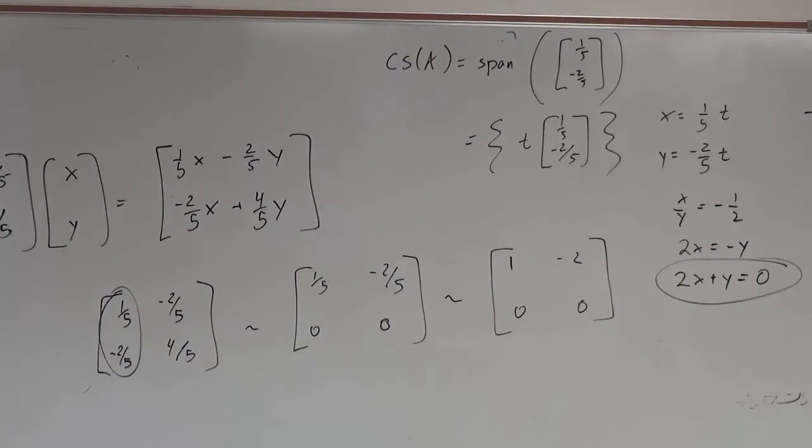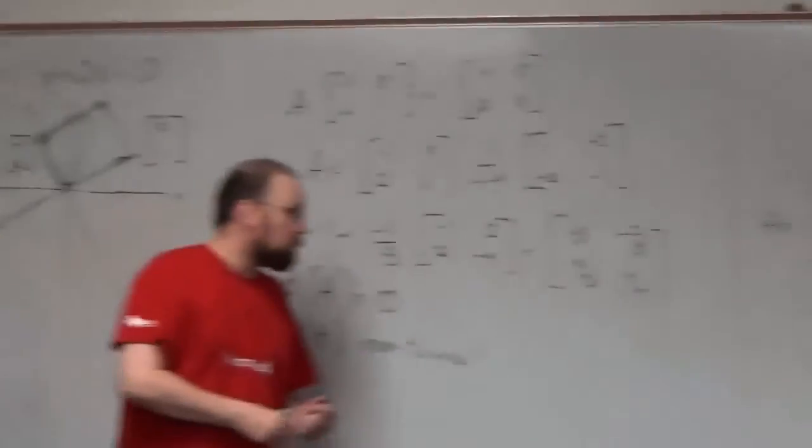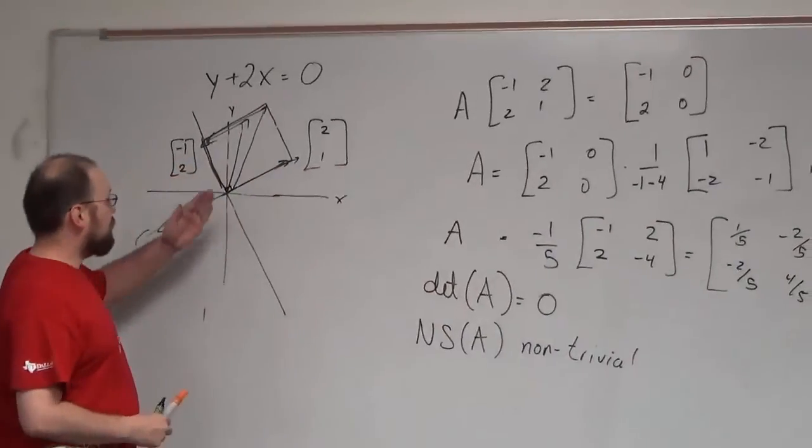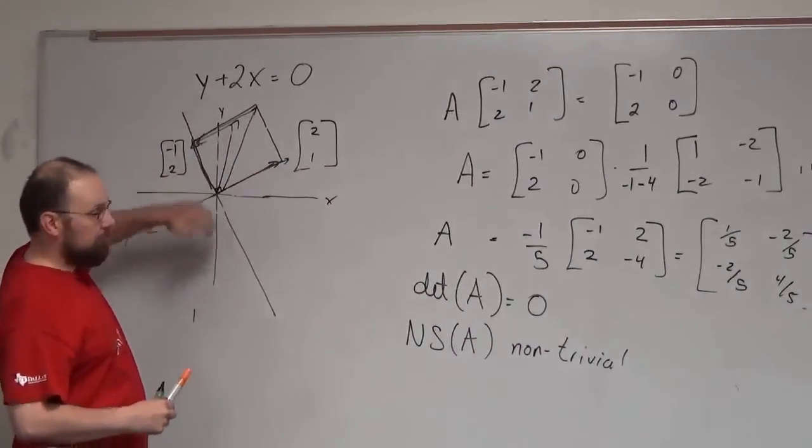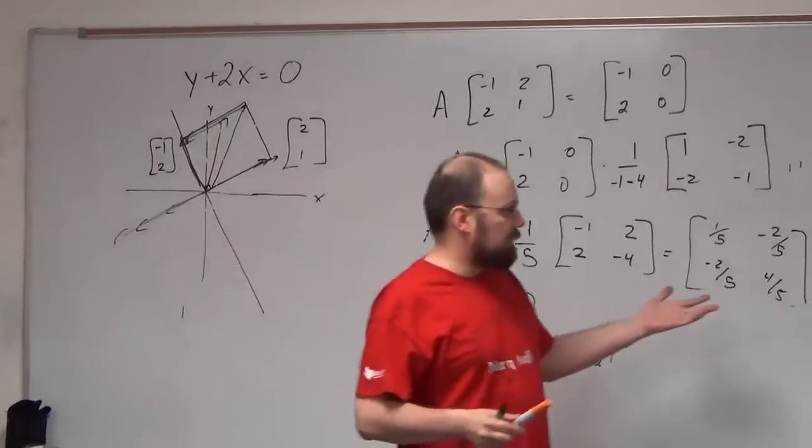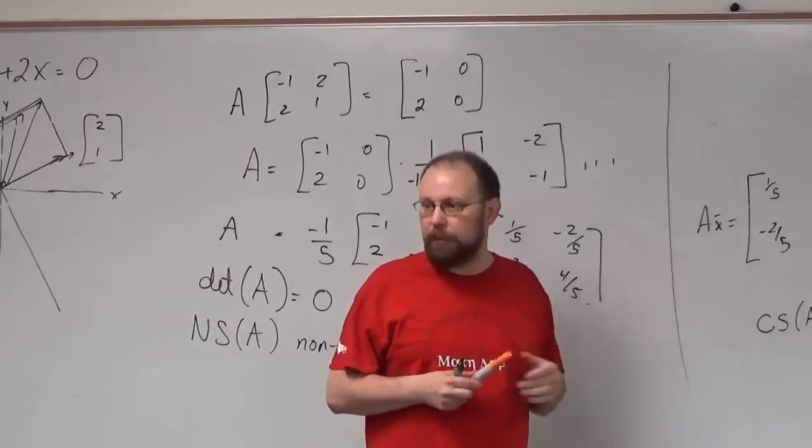All right, now, if you were asked to prove that given this matrix, the null space is this line that's perpendicular to the given line, well, you just find the basis for the null space of your matrix.